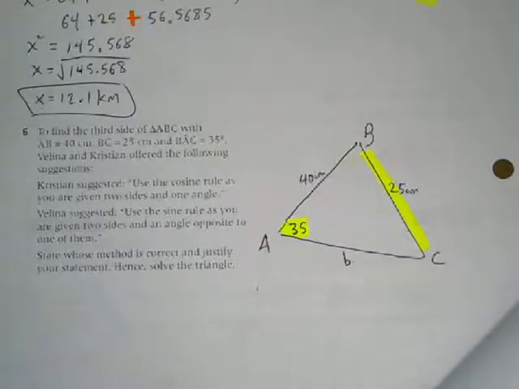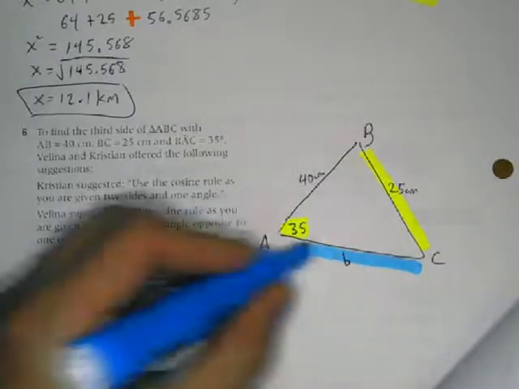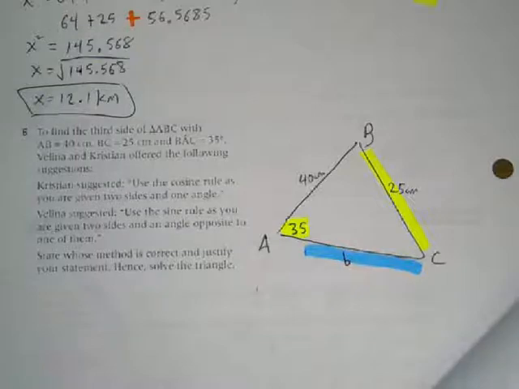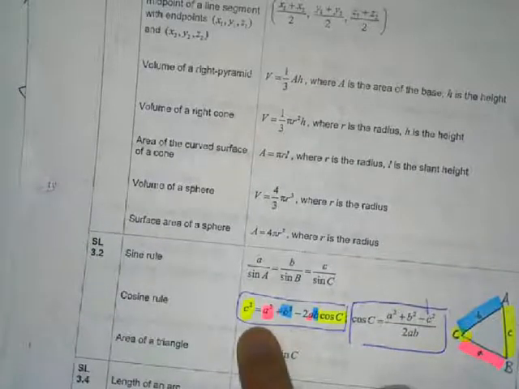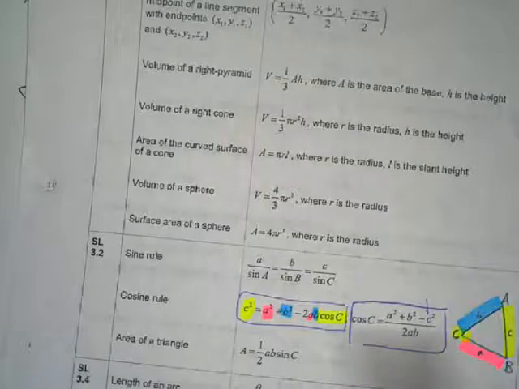So let's just color this one blue and color this one red. In the examples here, we were solving for C, and it was the side opposite of the angle that we knew. But let's just write it out anyways like this.